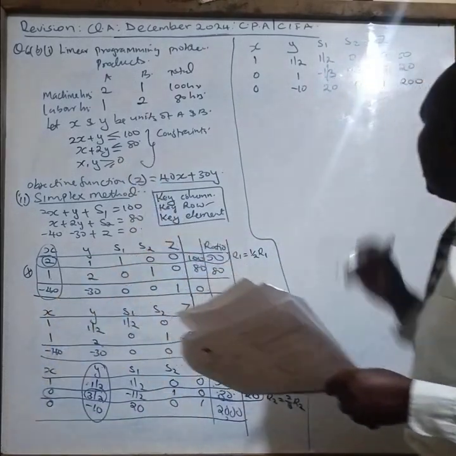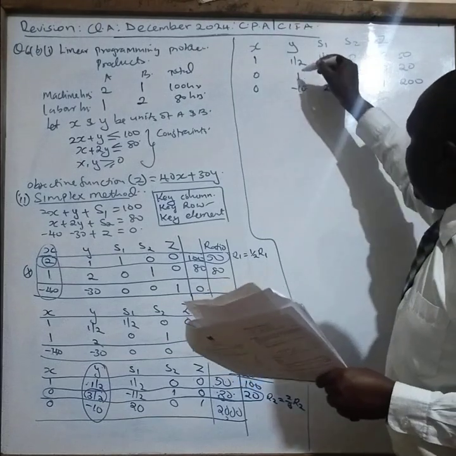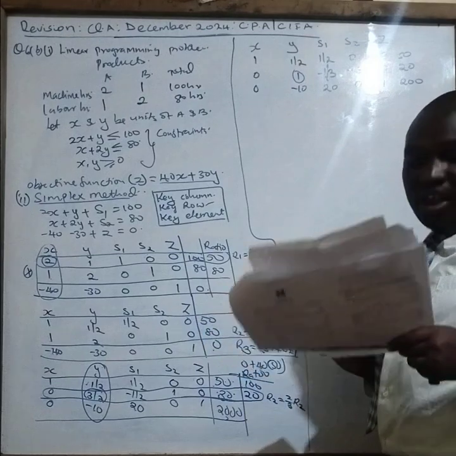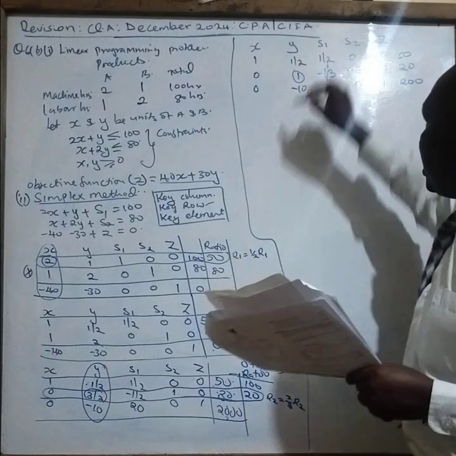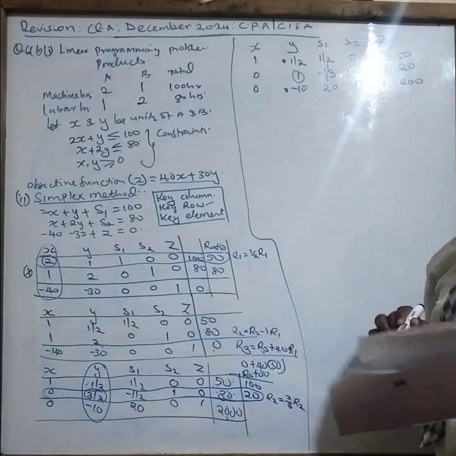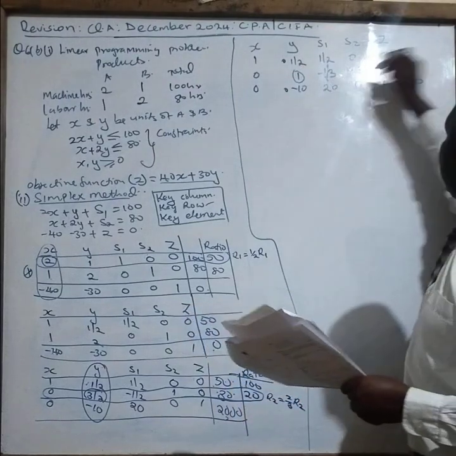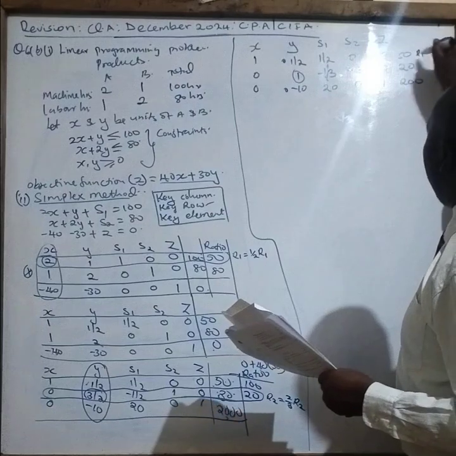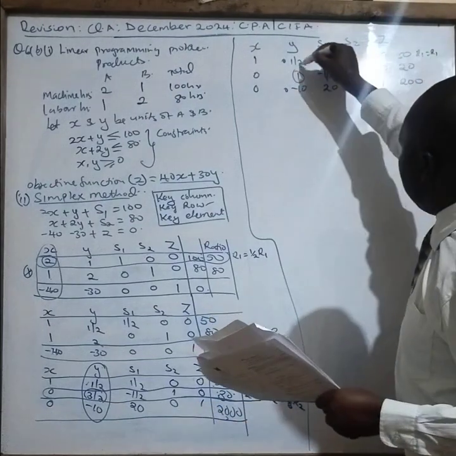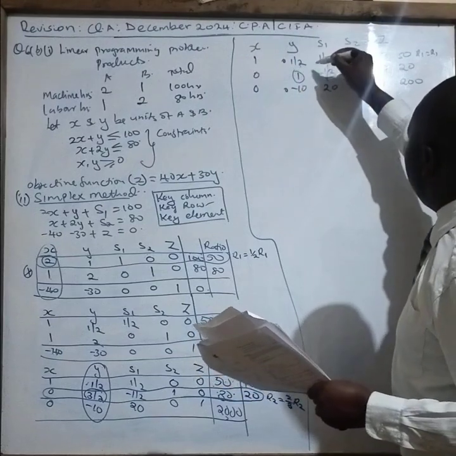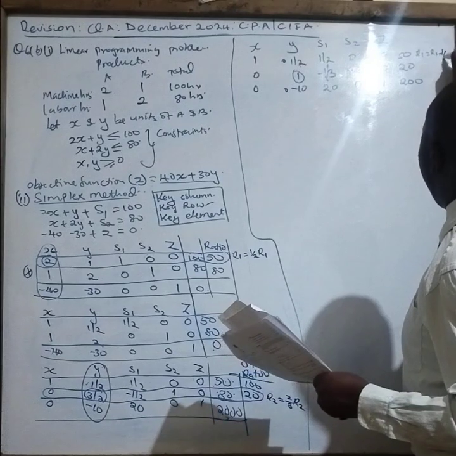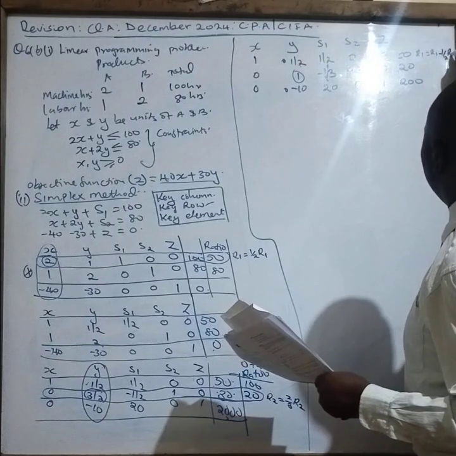So I've made this one here, correct? Then what is remaining? I have to make this 0 and this. What should I do? For the first row, I will say row 1 minus a half row 2.